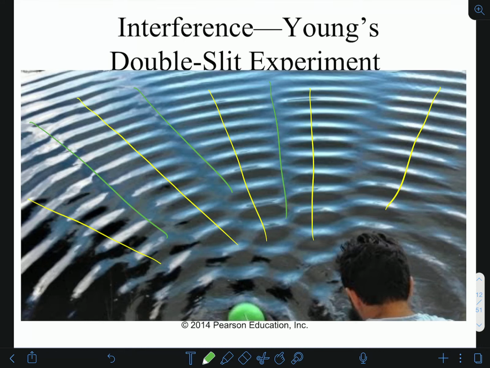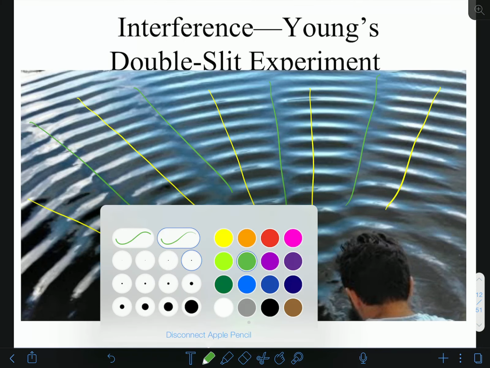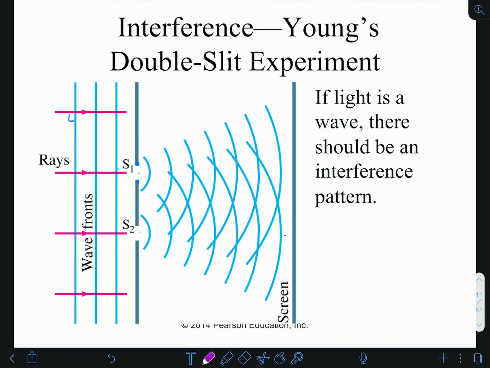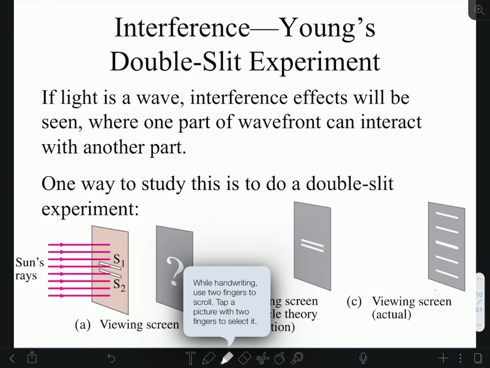So if we imagine that this was light and we were to put a screen over here, then we would see a series of dark, bright, dark, bright, dark, bright, and then there would be gradations in between. So you would see alternating bright and dark lines, which are a lot like what Young actually saw.